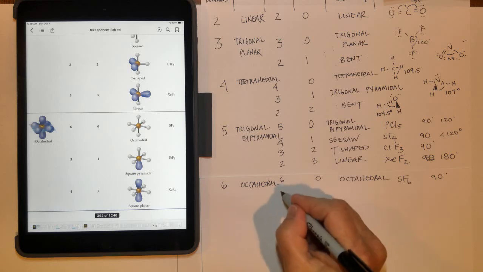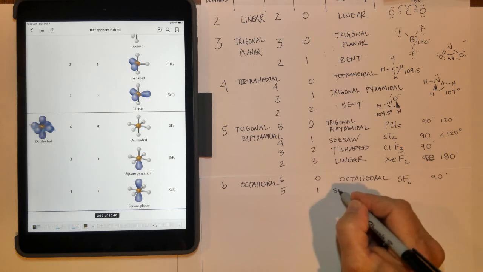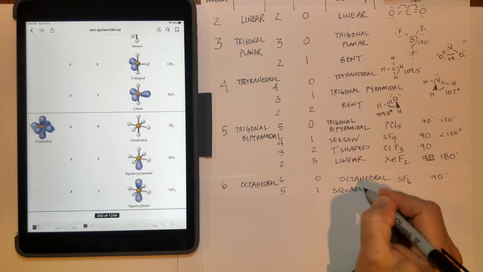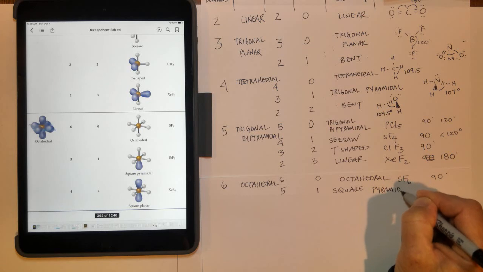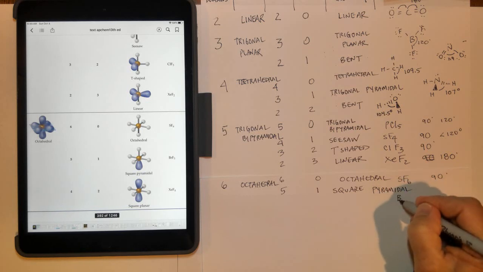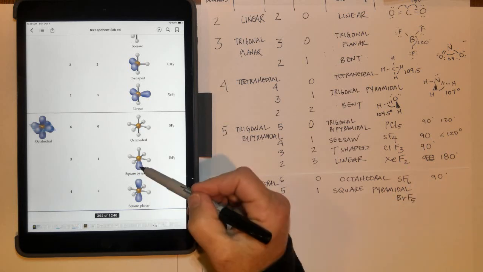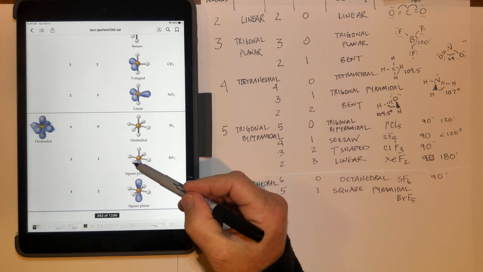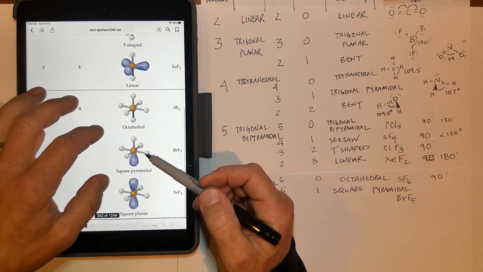All right, the second member of the family is 5 bonded, 1 non-bonded, and this is called square pyramidal, or square pyramid. An example of this one is BrF5. With this non-bonded electron pair, it actually kind of shoves these guys a little bit upward. Not a lot, but a little bit.